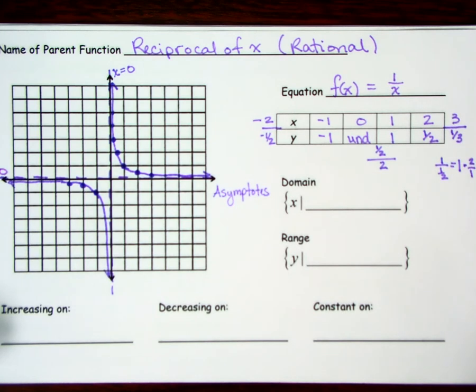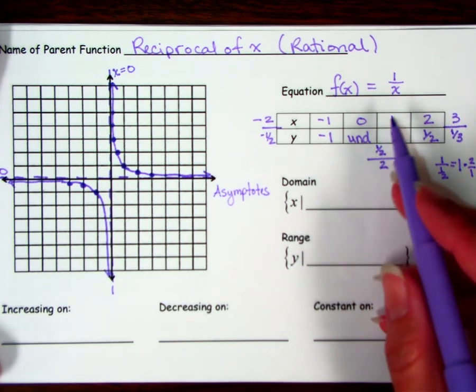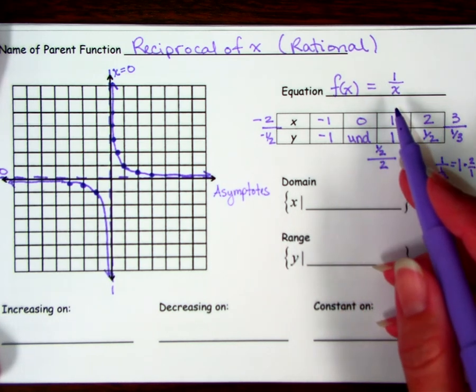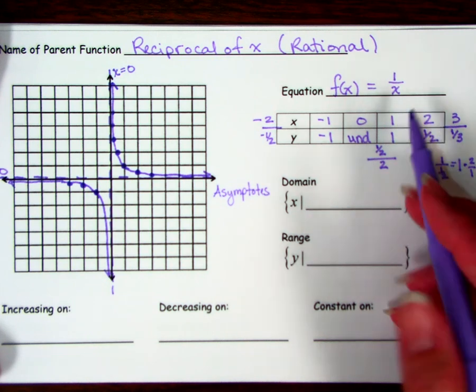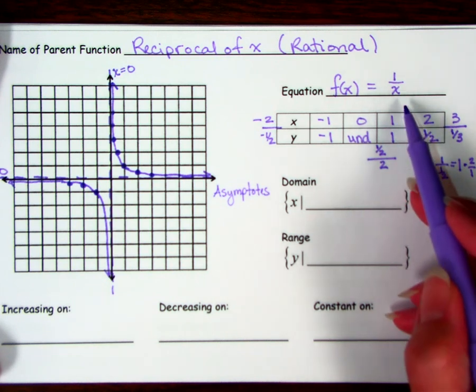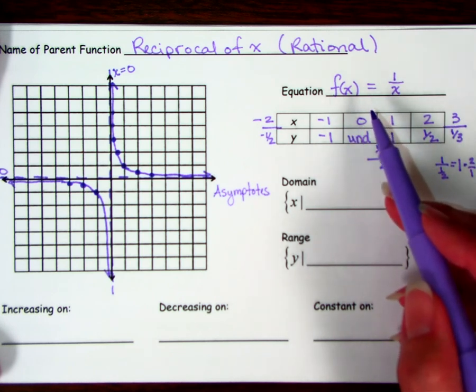Okay, so now domain. The domain is the set of all x values that I can put into this function, and it returns an actual value for y. So I could choose x's as large as I want, and I can choose x's as small as I want, negative numbers.